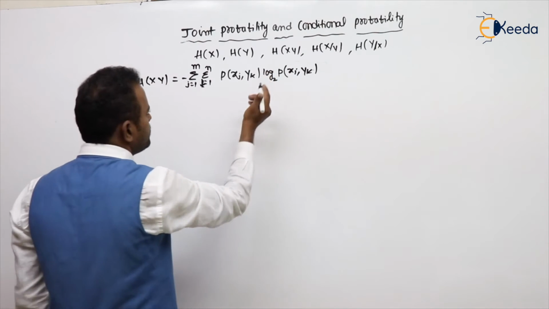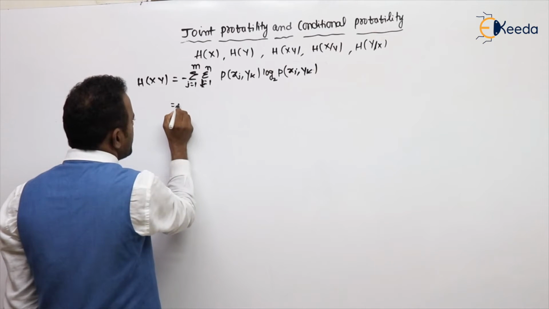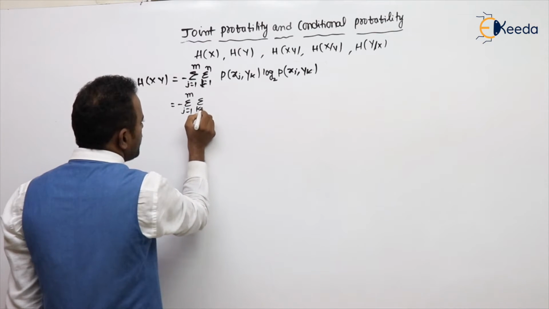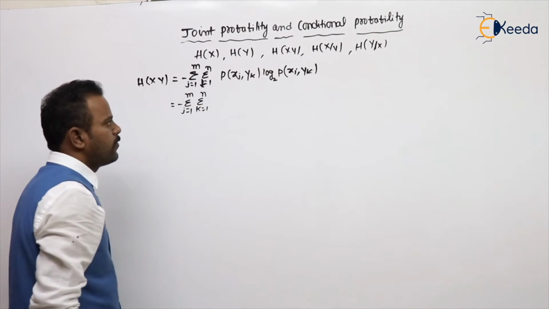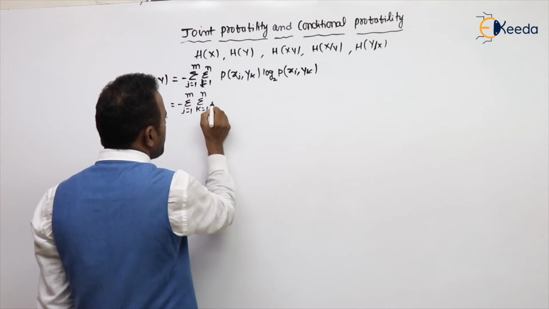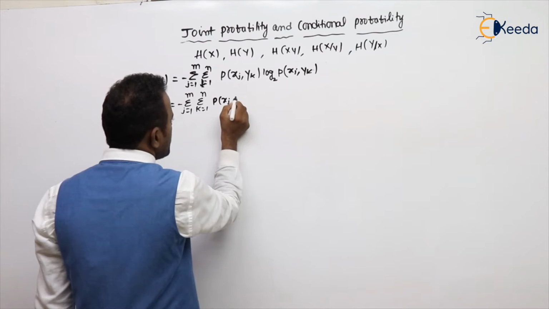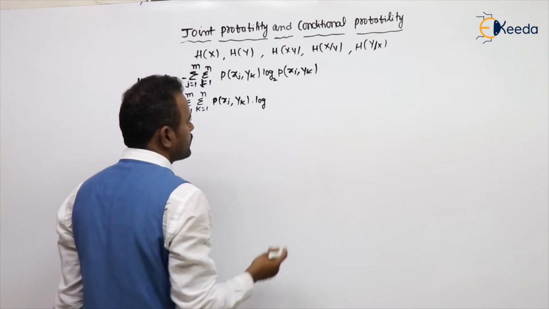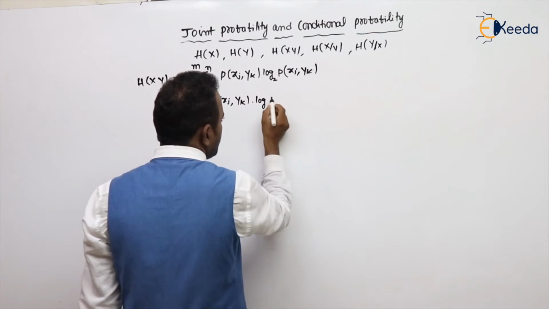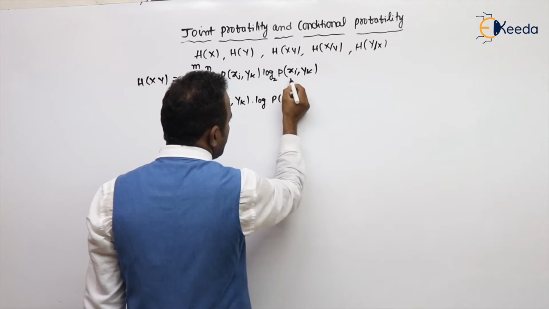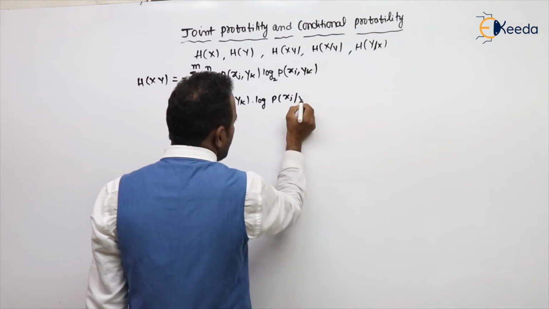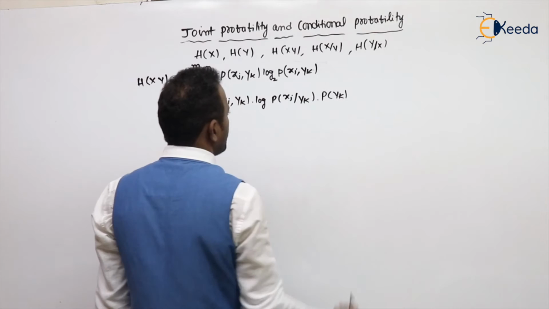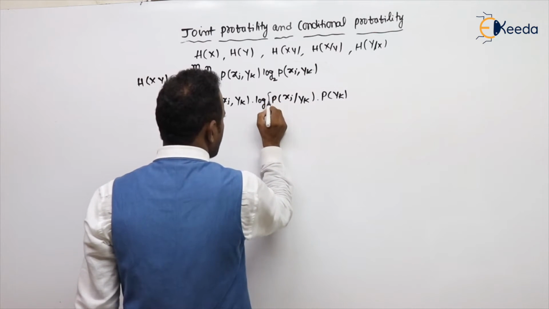Now follow. The probability inside the logarithm can be written as probability of xj by yk into probability of yk.